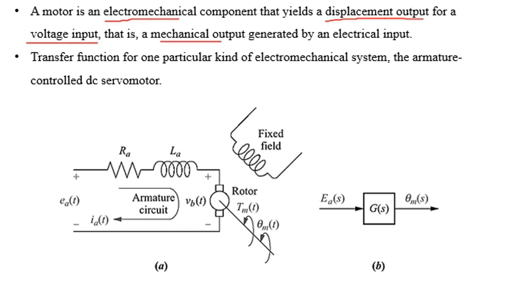So in this we have electrical input and mechanical output. Now we will study how to find transfer function for this electromechanical system with the help of schematic diagram given in figure A, and we will represent transfer function in block diagram form as shown in figure B.